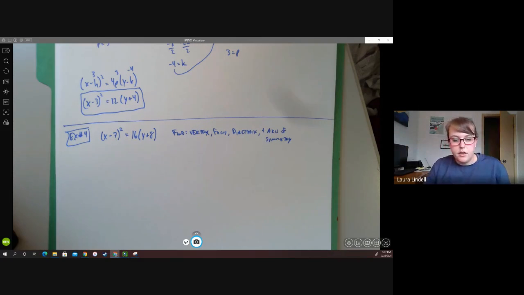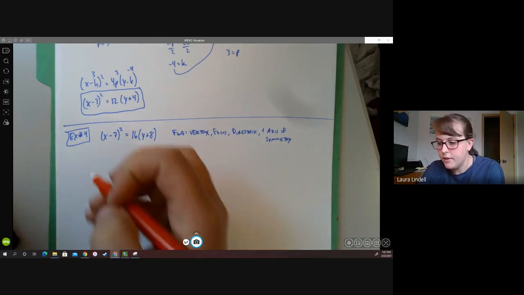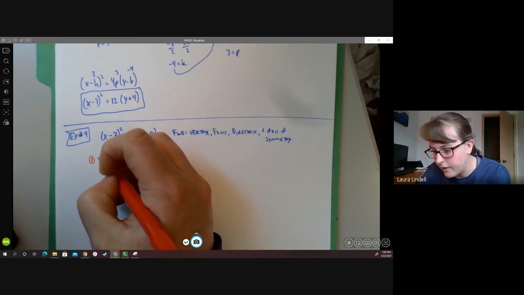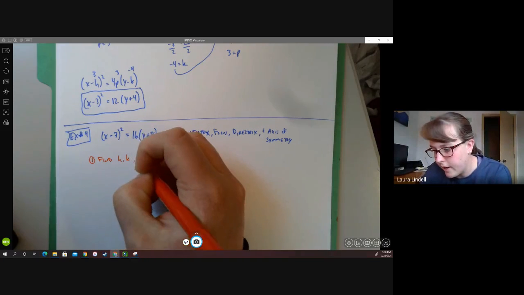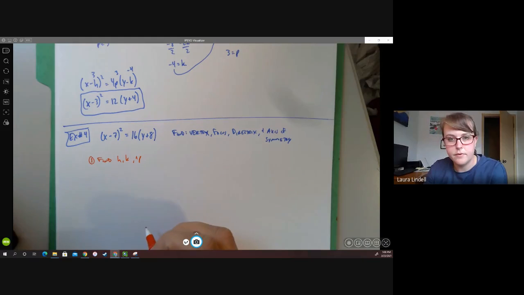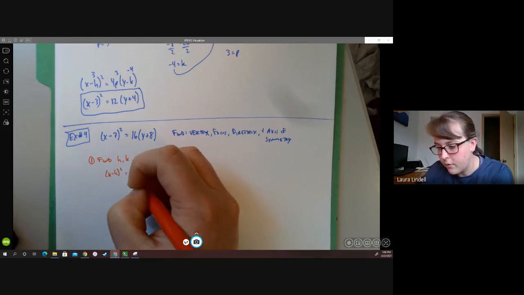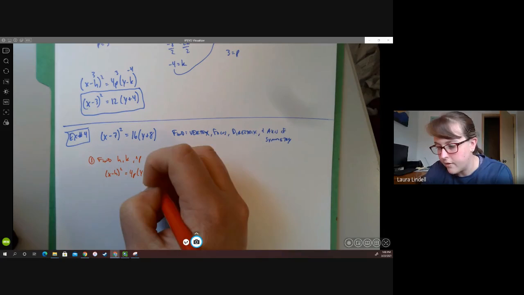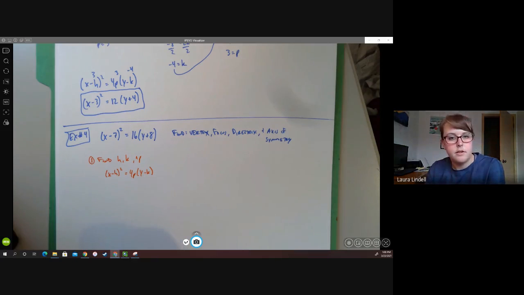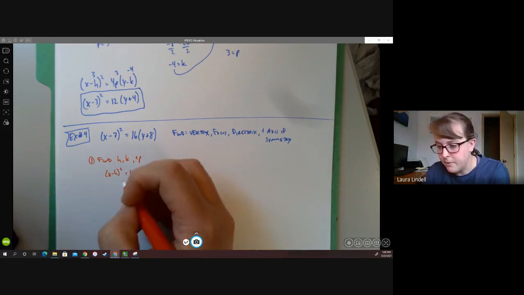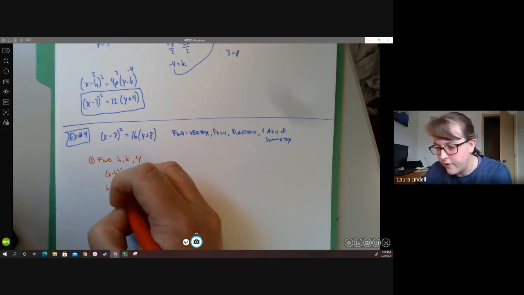Alrighty. So looking at this one, we know we're dealing with one that opens up and down because it's that (x minus h) squared kind of format here. So step 1, find h, k, and p. Well, we know we're working with (x minus h) squared equals 4p times (y minus k). So that tells me that h is 7 here.